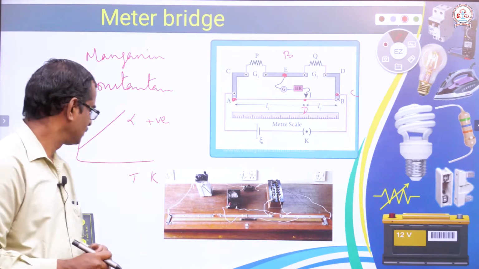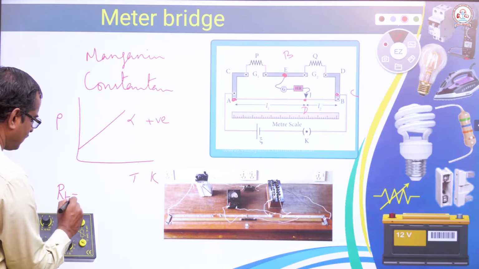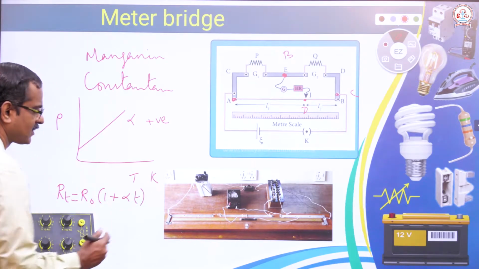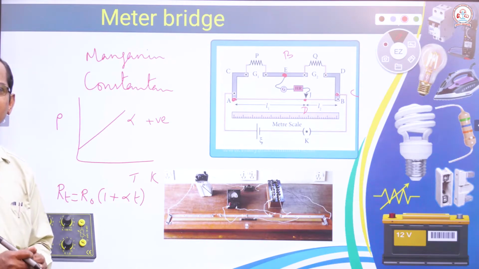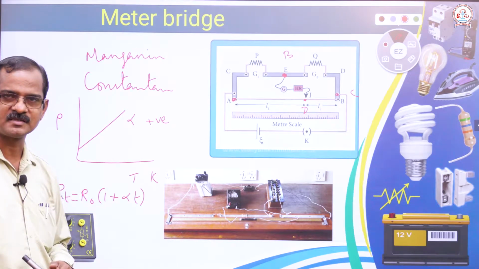You just recall this equation: R_t is equal to R naught into 1 plus alpha t. Alpha is the temperature coefficient of resistance.